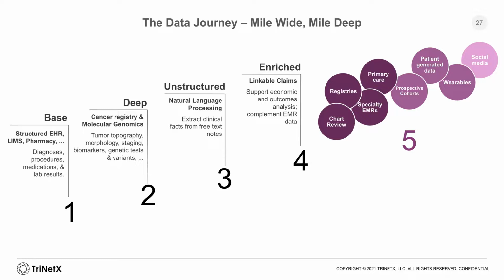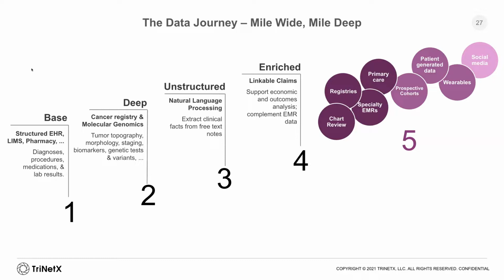So this is just a stepwise view of the evolution that we ourselves have undertaken, but that we see across the industry. We started with a base of data that is the electronic health record. We folded in molecular genomics and cancer registry data. We are layering on top of that data that we're able to extract and parse out from unstructured text.